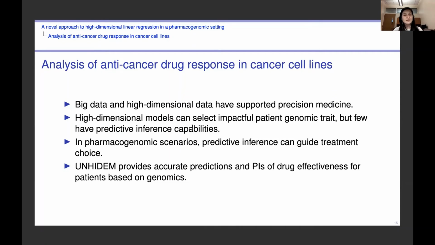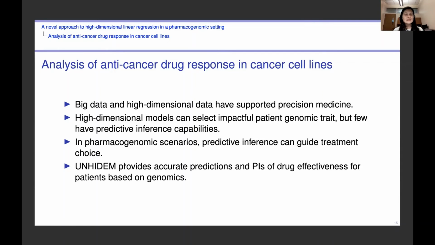These high dimensional models, whether HiThumb or other variable selection models, can really help us pick out what genomic traits of a person impact outcomes, but few of the traditional high dimensional models have this predictive inference capability. And in pharmacogenomic scenarios, this predictive inference can really guide treatment choice.